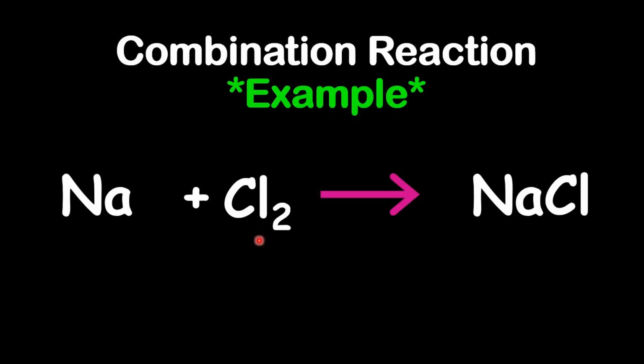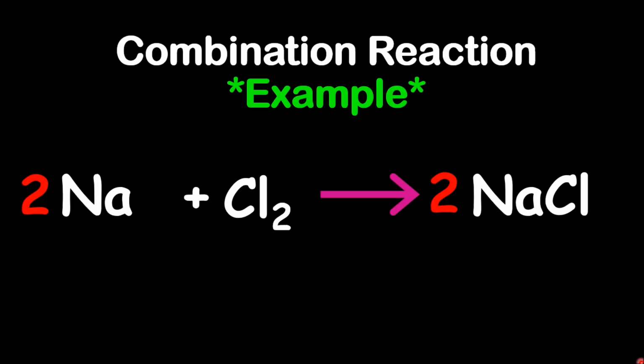Chlorine on the reactant side is 2, and chlorine on the product side is 1. Hence, you put a 2 before sodium chloride to make both chlorine equal. However, this 2 changes the value of sodium. Hence, to make the sodium equal, we place a 2 on the reactant side. Now, all the atoms and molecules are equal.